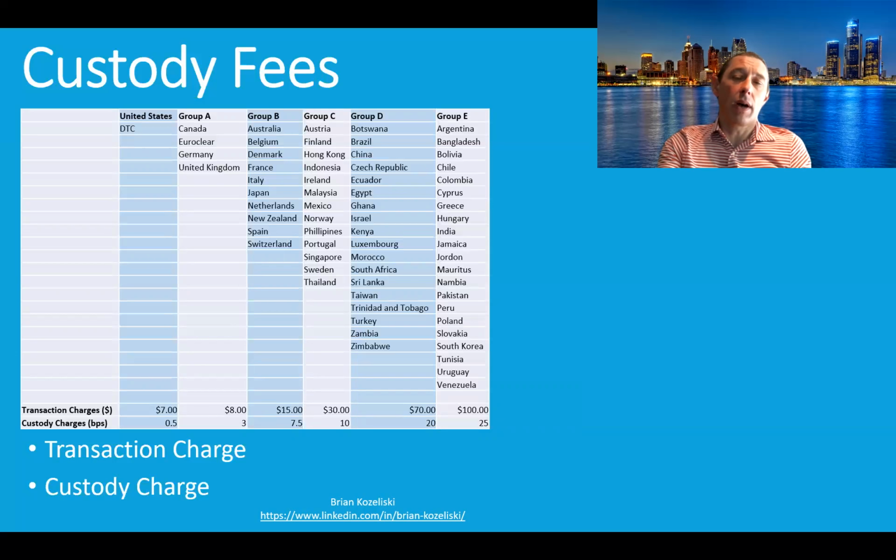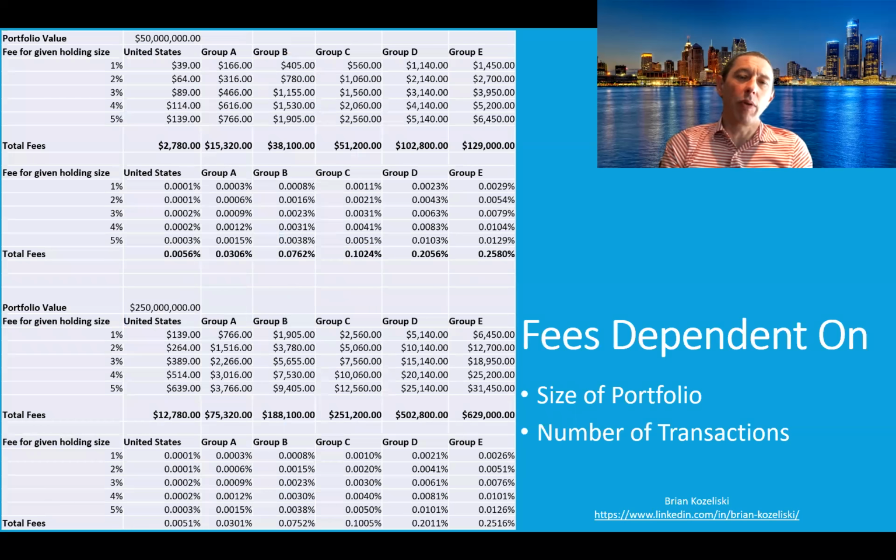Now, to give you a sense of what that looks like for a real portfolio, I created a couple of portfolios here. One that's worth $15 million, one that has an AUM of $250 million.